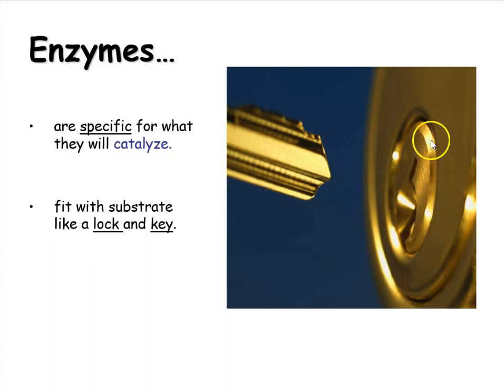For instance, if this was the enzyme called lactase, ASE, anything that ends in an ASE is an enzyme. And if this was the sugar lactose, OSE, these two can only fit together. If this was the sugar sucrose, then sucrose could not fit into the lactase enzyme, and we wouldn't get the reaction.